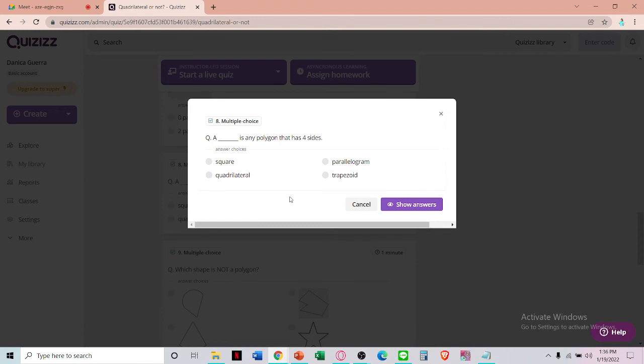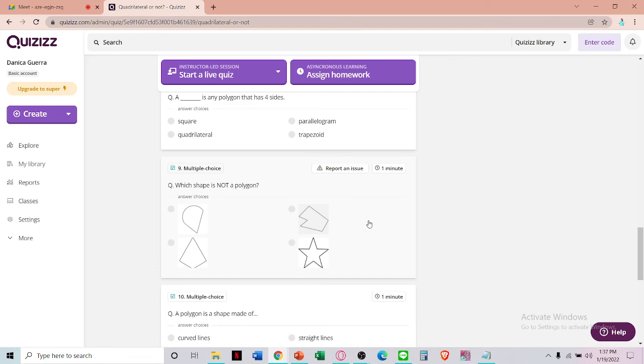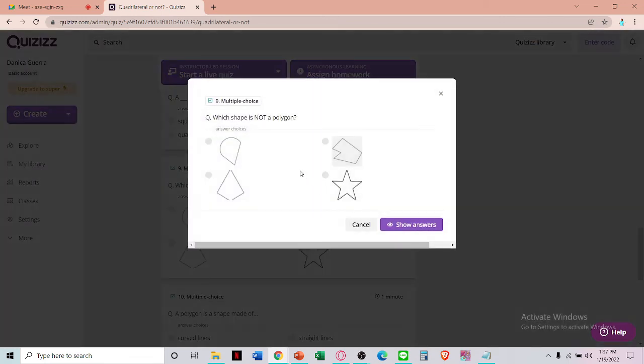What do you call the polygon that has 4 sides? Quadrilateral. You cannot say square because quadrilaterals can have different sides. Which shape is not a polygon? This is closed, okay? This is closed.